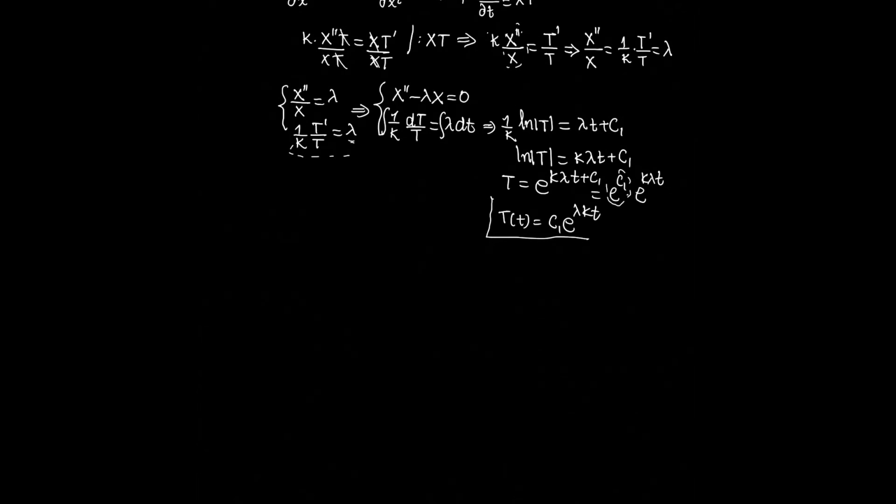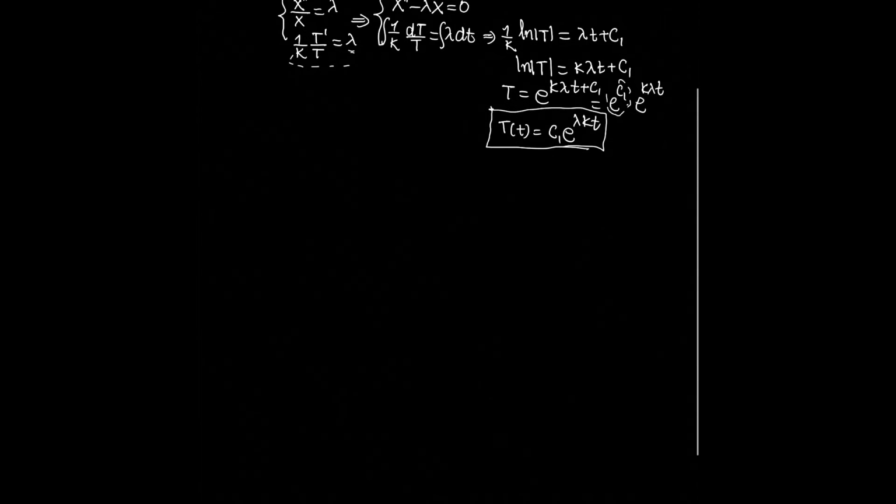Now I need to deal with this part for X. This equation for X, since it is second order, the solution will depend on lambda. If you go to my previous video, I actually solved this equation, so you can watch that video to learn.